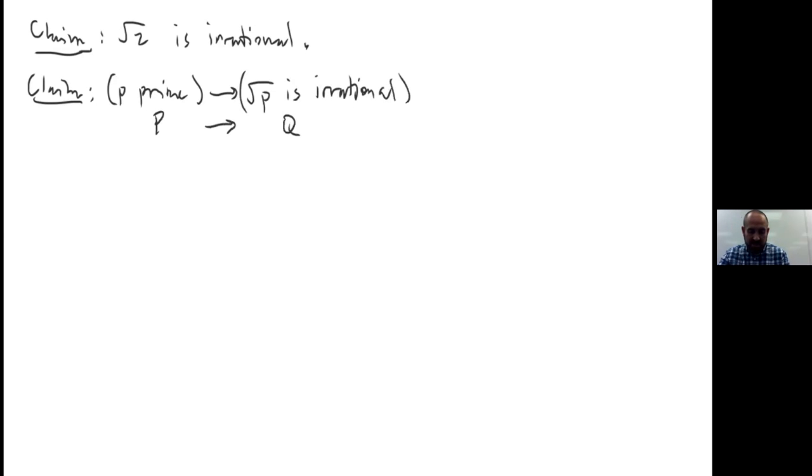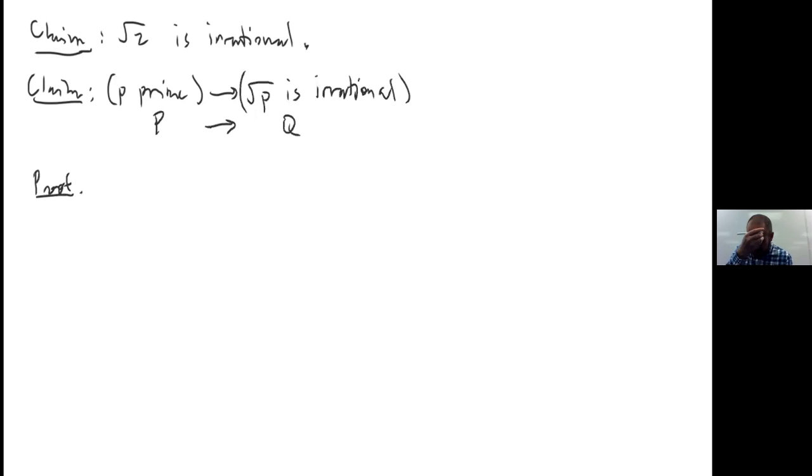And do you see that since 2 is prime, then of course, if we could prove this statement right here that P prime implies the square root of P is irrational, since 2 is prime, that would automatically follow as a corollary, or corollary if you're a Roper, right? It automatically follows that the square root of 2 would be irrational, yes? But this is actually a more powerful statement than that. Okay, so here's the proof.